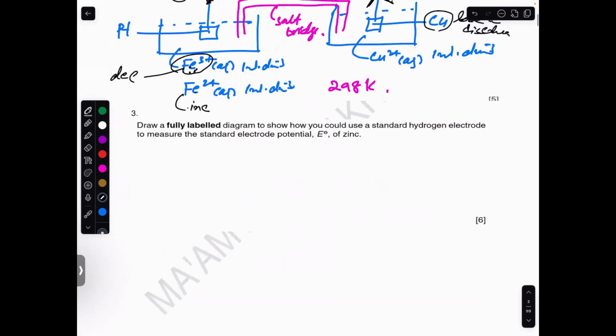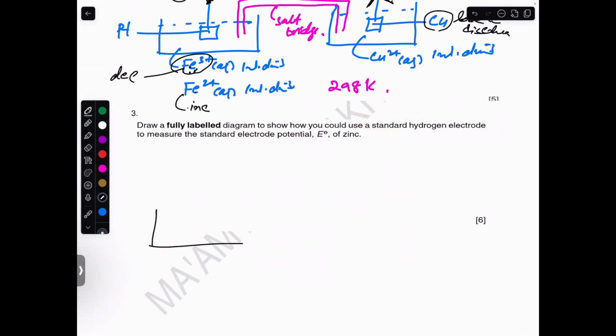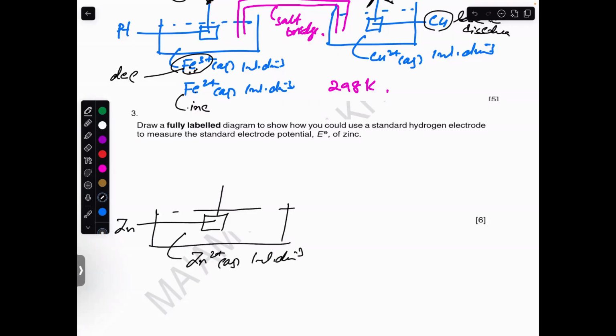Now, you can do all these questions. What is written? A fully labeled diagram for the apparatus in which you can use a standard hydrogen electrode with zinc. Perfect. One side is what? Zinc, and it is in Zn2+ at 1 mole per dm³.